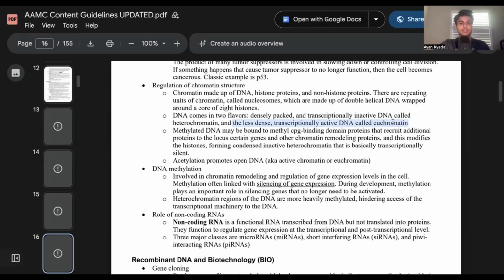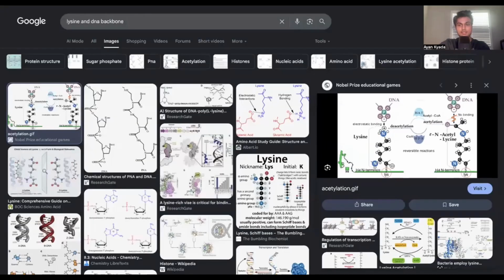We talked a little bit about DNA methylation and how it aids in silencing genes, and you don't need to know the specific mechanism, but just know that DNA methylation generally involves chromatin remodeling from the euchromatin transcriptionally active form into heterochromatin, and that is linked with silencing of gene expression. Acetylation, on the other hand, promotes open DNA, so the euchromatin form, and how it does that is you can see here that the lysine that is found in histone proteins interacts electrostatically with DNA.